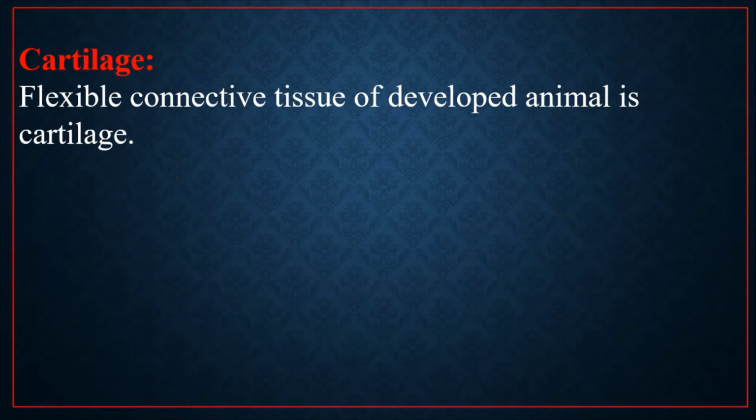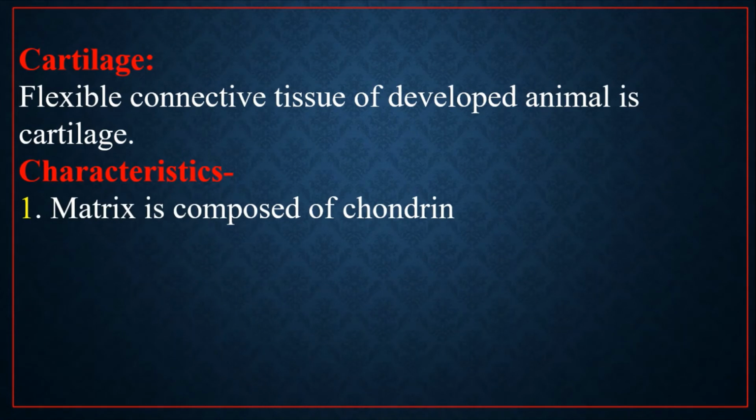Cartilage. What is cartilage? Flexible connective tissue of developed animals is cartilage. Let's know some information about cartilage. Number 1, the matrix is composed of chondrin. Now you know what matrix is. Chondrin is one type of protein.